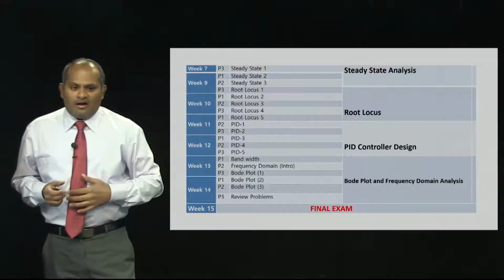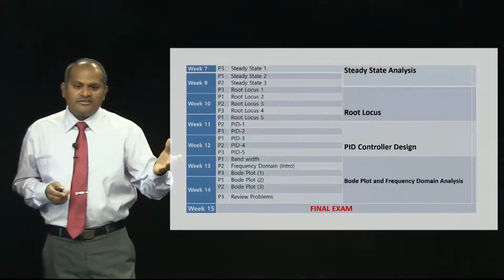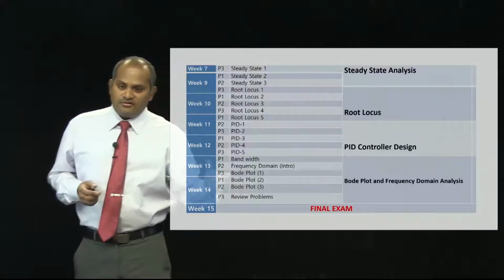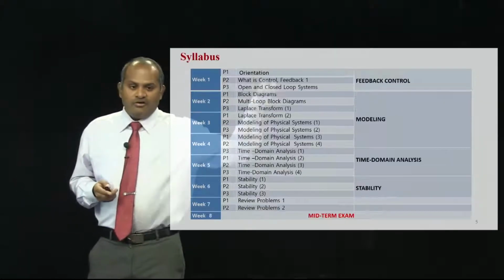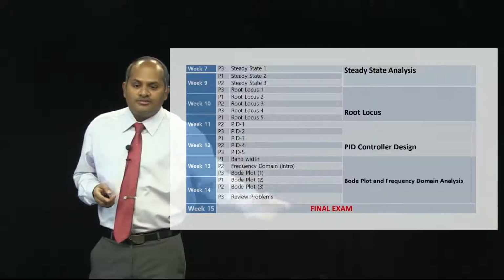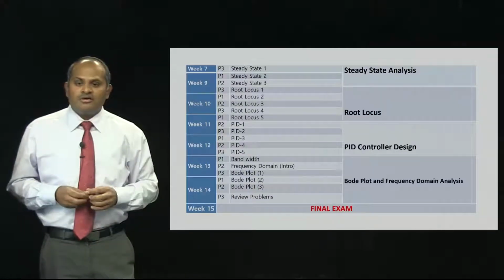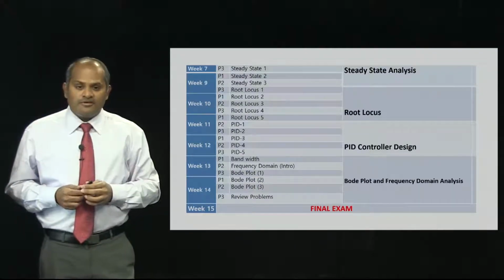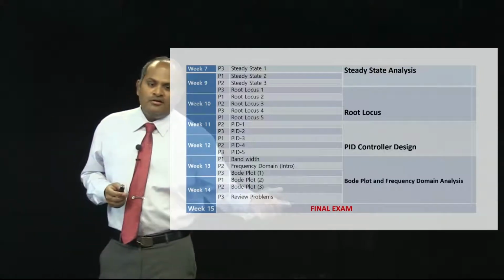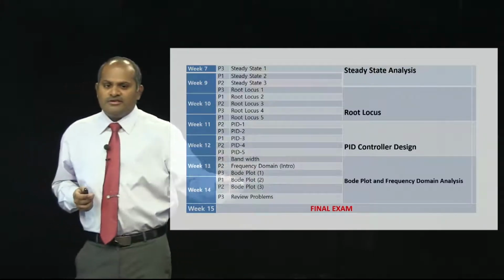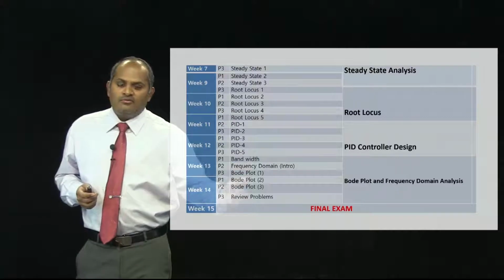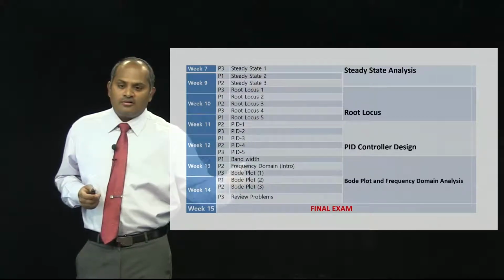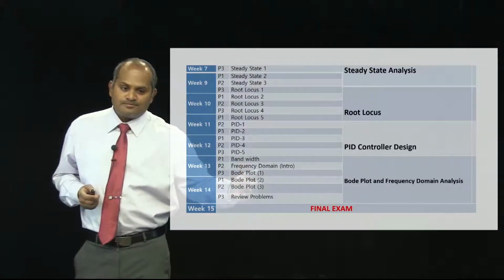Then after the time domain, after everything is done, we move into the frequency domain. All the analysis we have done so far is in the time domain. In the last part I will introduce you to the advantages of the frequency domain. In the frequency domain we analyze the system bandwidth, and we also learn Bode plots for underdamped systems.